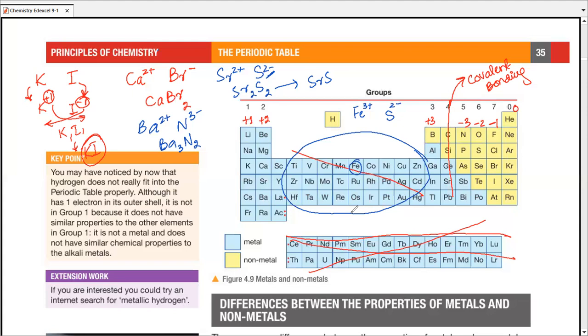Is it Fe2 and S3? Perfect. The answer would be Fe2S3. Great. So they may pick an atom from here, but when that happens, they're going to tell you what state it's going to get to, or what exactly is going to be the charge on top of it.